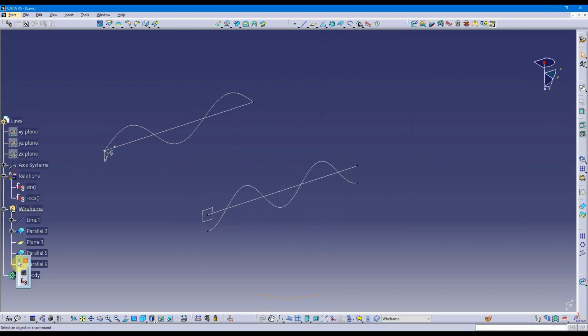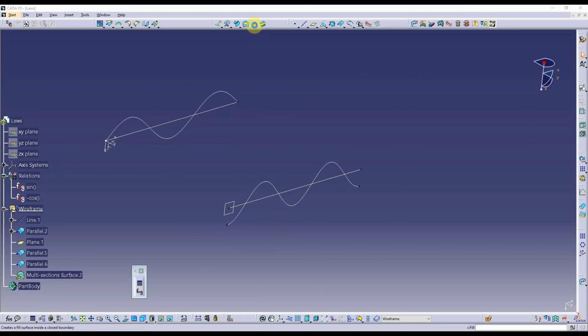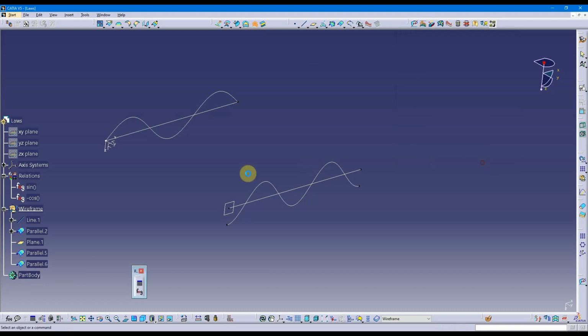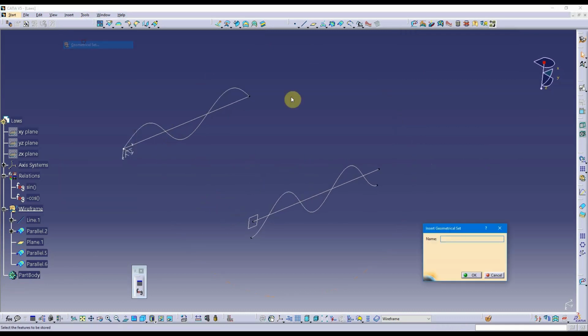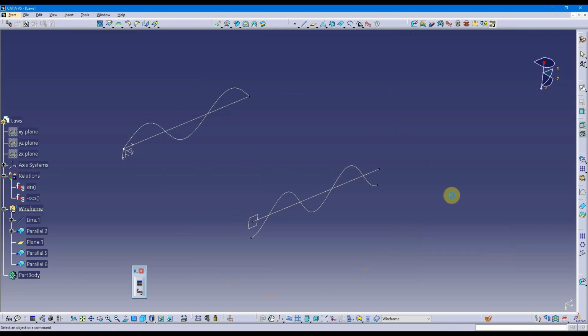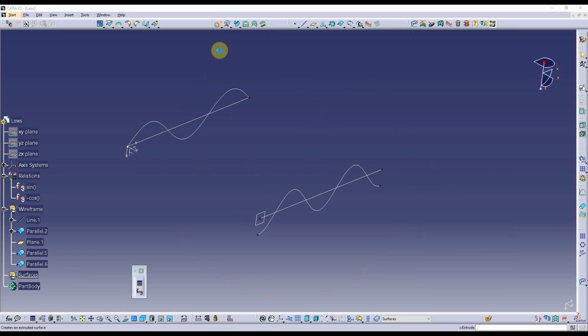And then if I wanted to do whatever I wanted to do between these, I can do a blend. I think I said I was going to do a loft, so let's get real fancy with this. I'm going to create a geometric set here, and I'm going to call this surfaces. So let's create an extrusion.